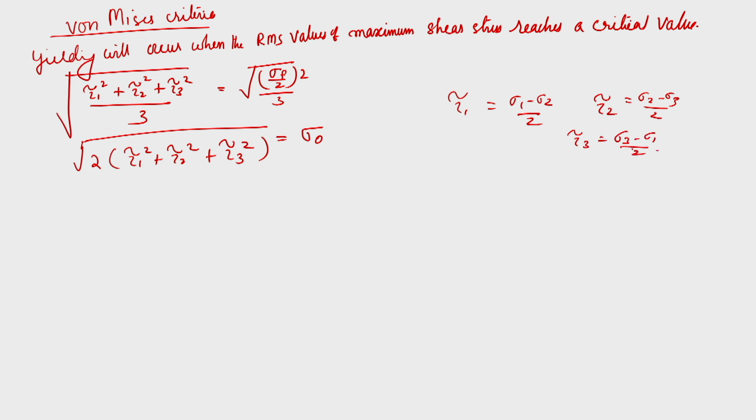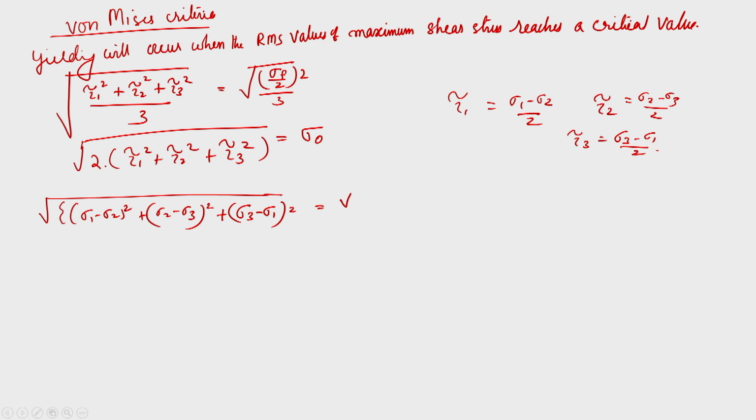If you substitute in this, you will get root of (sigma 1 minus sigma 2) square plus (sigma 2 minus sigma 3) square plus (sigma 3 minus sigma 1) square, that is equal to, because this 2 will come here, root of 2 sigma 0. Because here all this 2 is coming below, that is why you will come to this.